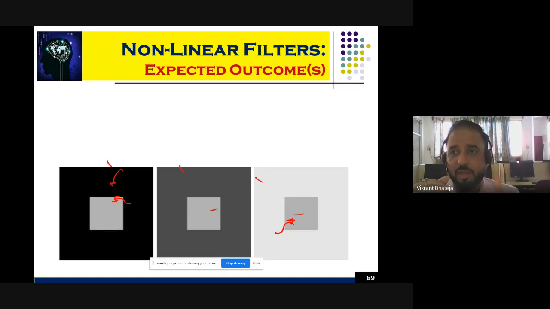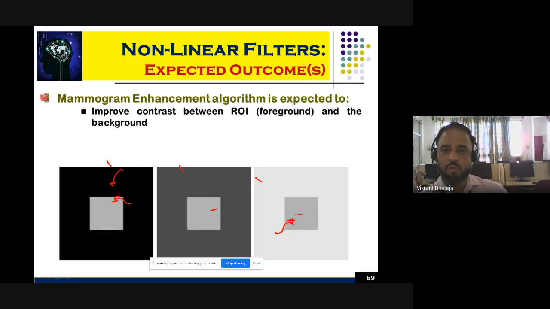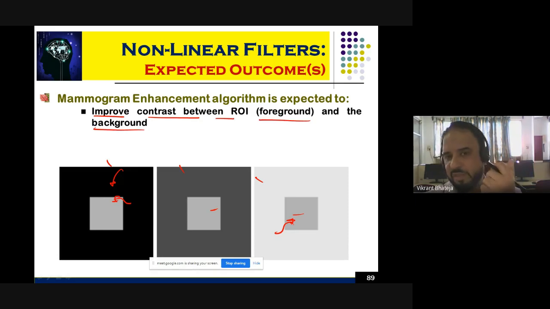But if we don't stress much upon the enhancement, there is something known as suppression of the background, because the idea is you have to improve the contrast between the foreground and the background. So sometimes if you see that the mammogram is very bright, although there is ample whiteness in that particular image, then rather than increasing the contrast, you can start suppressing the background.